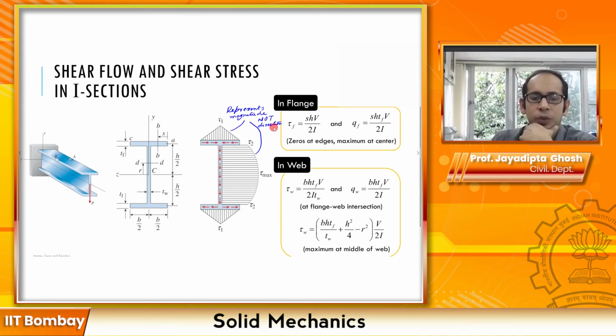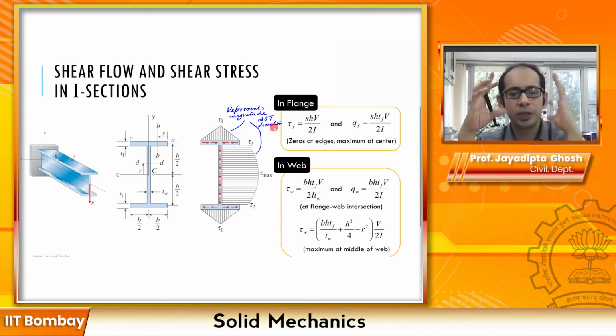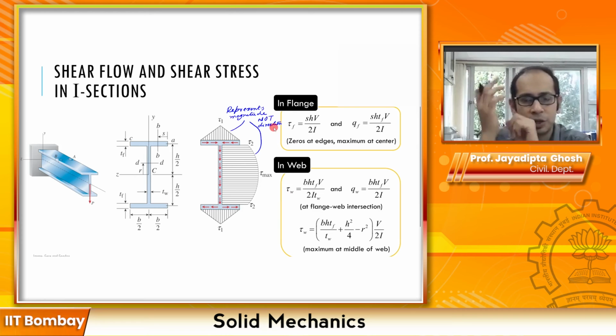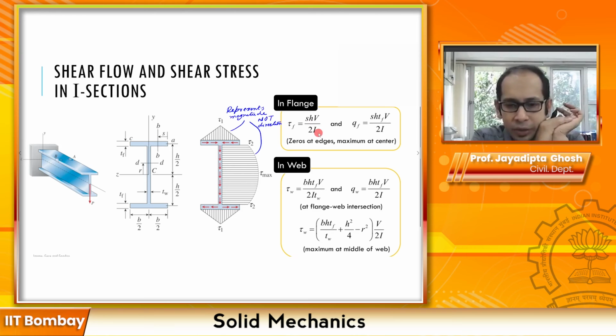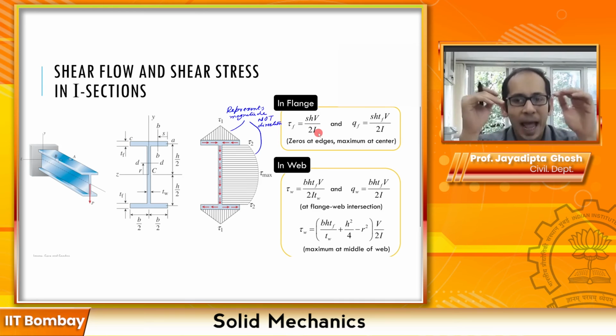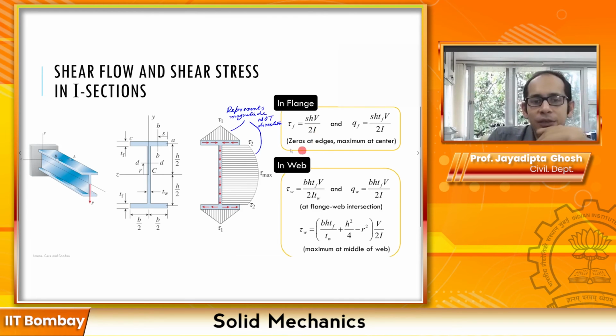Okay, so what I want you to take away from this, instead of remembering all these numbers, because you can easily derive them, and we'll do a problem example where we derive this, is that the shear flow happens parallel to the edges of the flange as well as the web. Also in the flange, it is 0 at the edges and peaks to the maximum at the center. At the web also, the minimum is at the interface and it peaks to the maximum at the center, and the flow is just like the flow of water that you see over here.